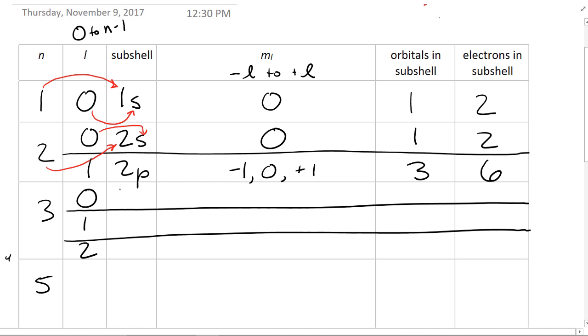Subshell notation for the first one would be 3s, next would be 3p, next would be 3d. Then, possible values of M sub L would be 0 for the first, negative 1, 0, and positive 1 for the second, and negative 2 through positive 2 for the third.